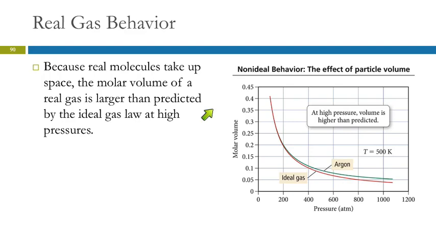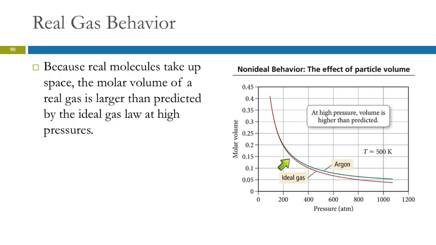So here we have a graph of molar volume versus pressure in atmospheres. And we see at low pressures, this is 200 atmospheres. That is crazy high pressure. So anything we could do in this lab, we'd be well within this range of reasonable pressure where molar volume is ideal.